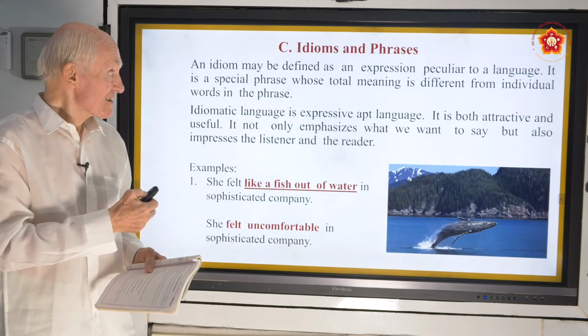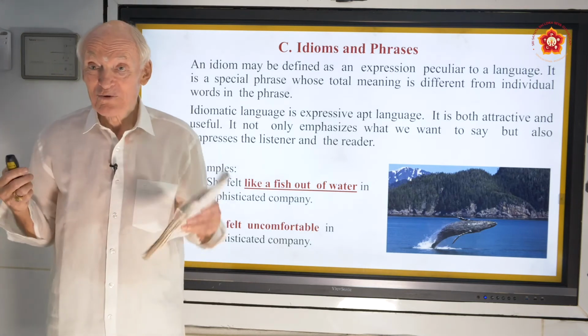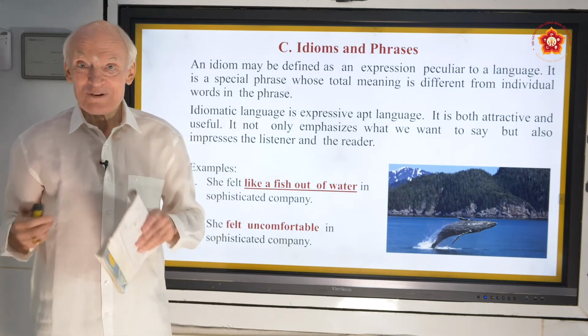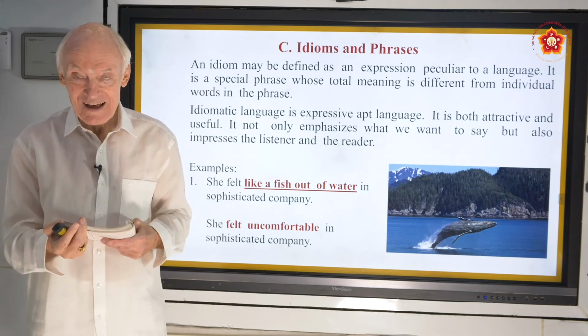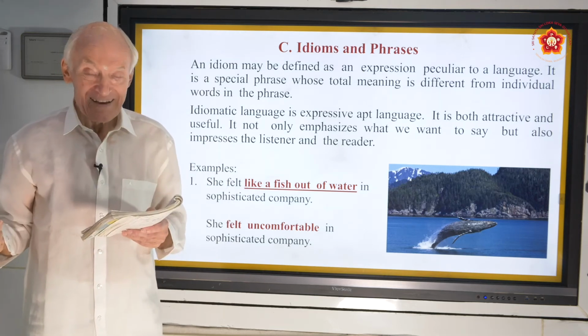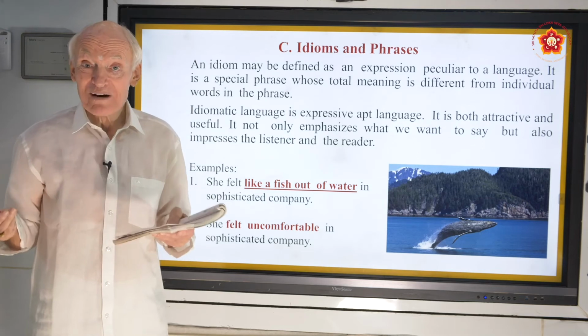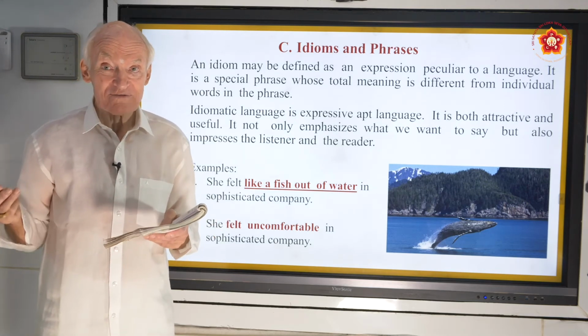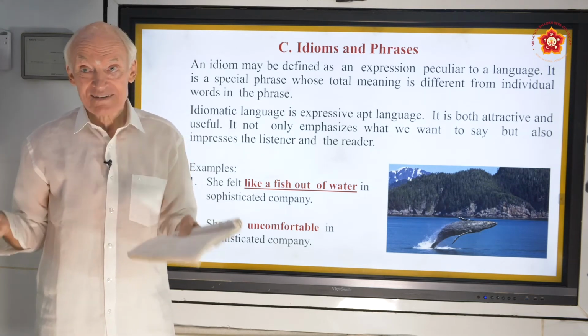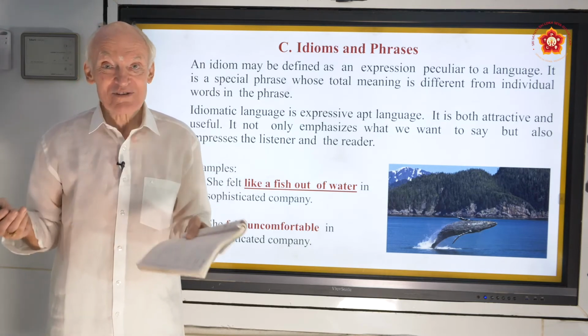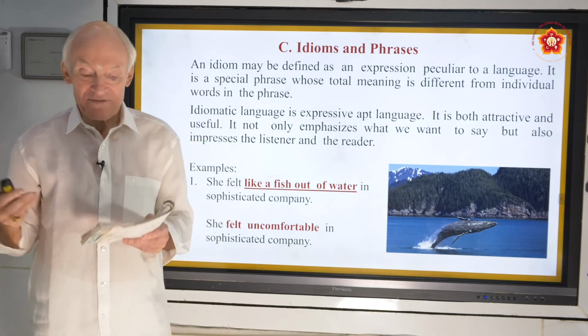Now, we're armed now with phrasal verbs. We can say a lot of things and put in a lot of words and describe a lot of action. Now, over and above phrasal verbs are idioms and phrases. English is a fantastic language. They have clever things to say, and it makes everybody feel good.